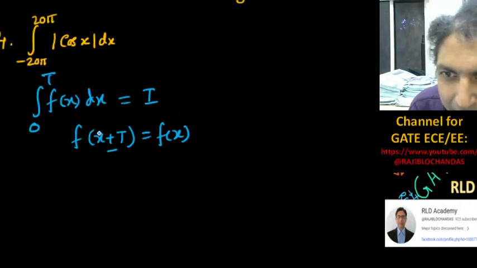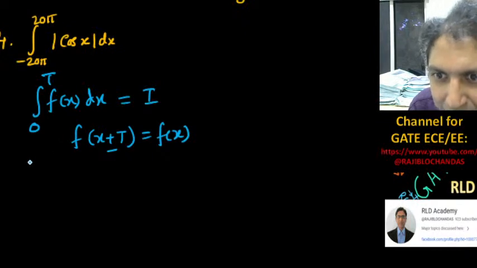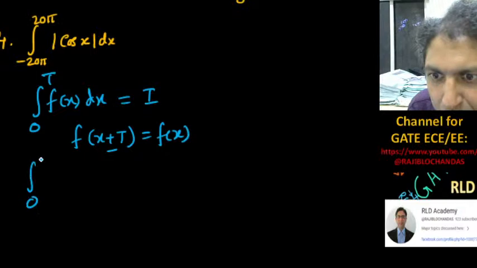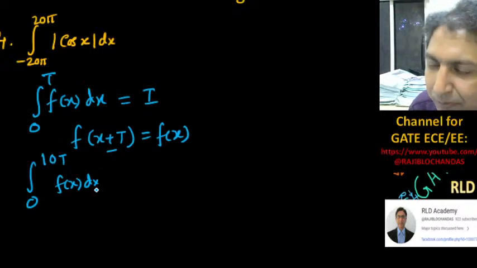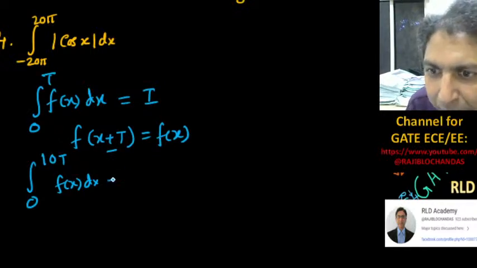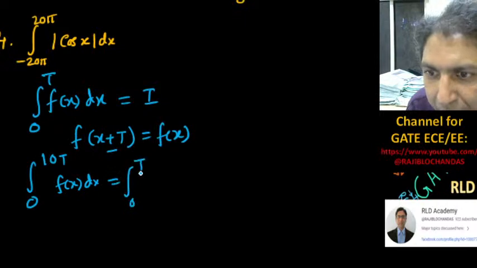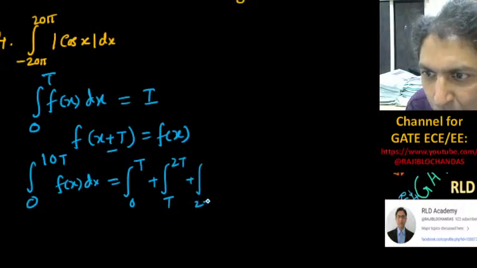Okay. So in that case, what I can consider, if I have 0 to suppose 10T f of x dx, okay, that we can break in this way: 0 to capital T plus capital T to 2T, then 2T to 3T, like that, and 9T to 10T.